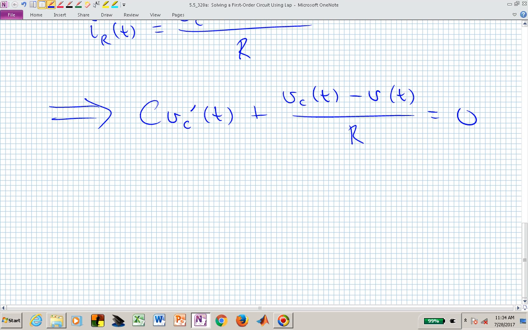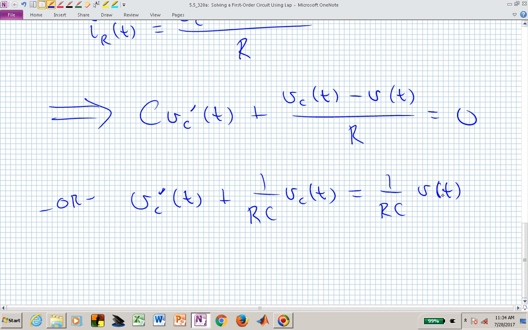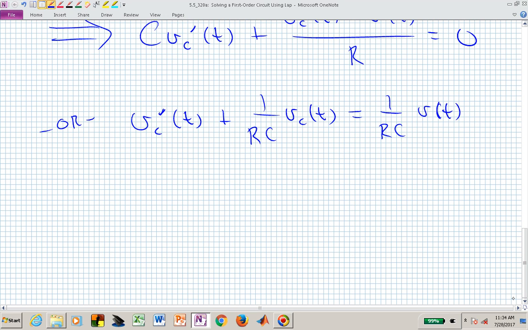Let me divide all terms by C, and I now have this differential equation: V sub C prime of t plus 1 over RC V sub C of t equals 1 over RC V of t. Putting the source terms on the right and the dependent terms, the capacitor voltage terms, on the left.